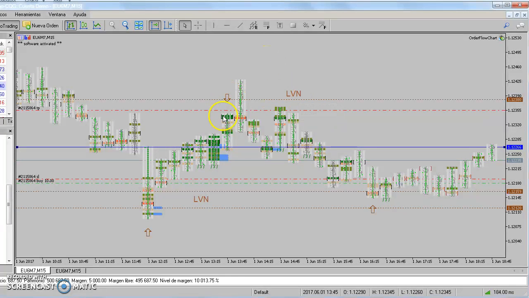What is more important, this bar confirmed the weakness, and that is why the price retraces again: in the next bar, the POC, or point of control, was lower, and it was rejected by this low volume node. That is why the price comes down here, retracing to exactly the same area of low volume node.